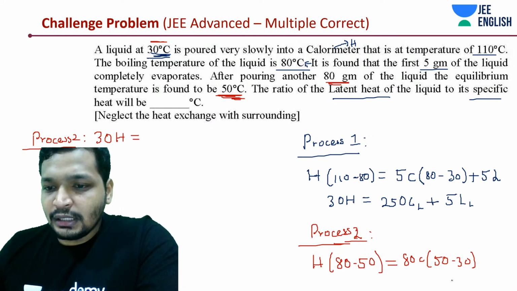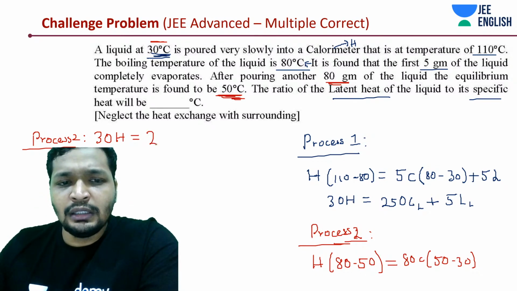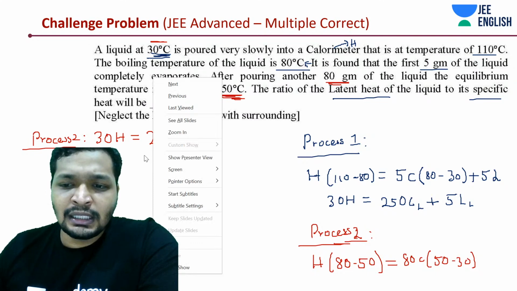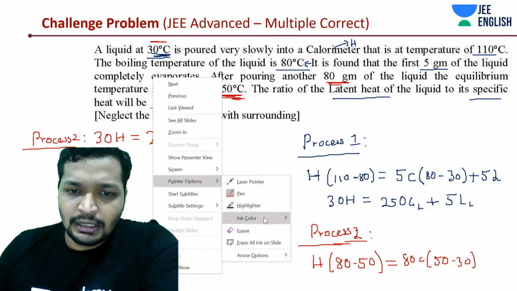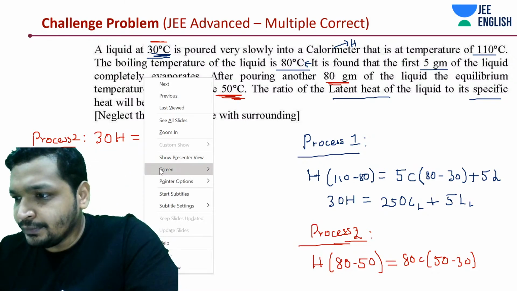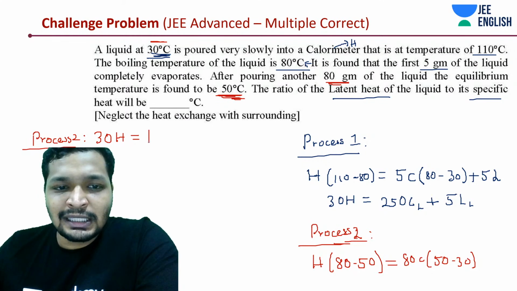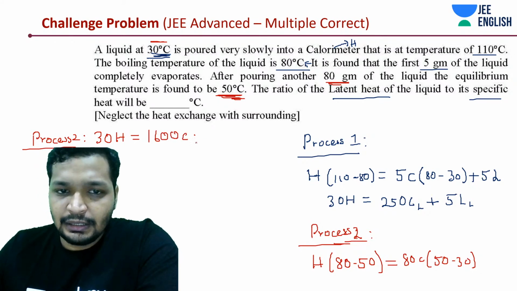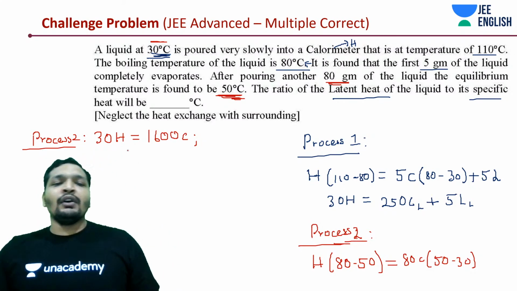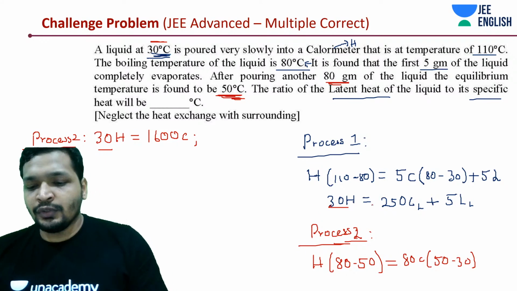And how much is this? 80 minus 30... 20 into 80, that is 1600C. Okay. Hi Roshan. Hi. So this is 1600C. All right. Now both of them are equal. You could have basically equated both the equations. So it is how much?